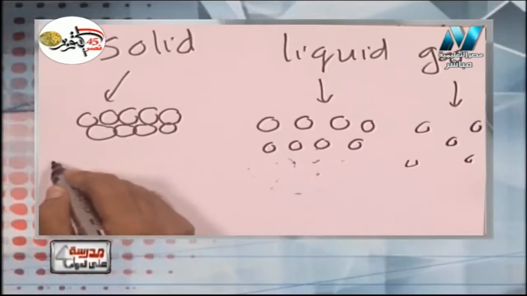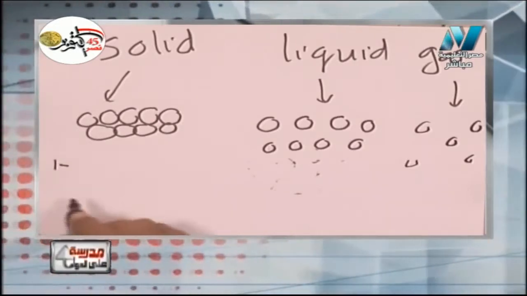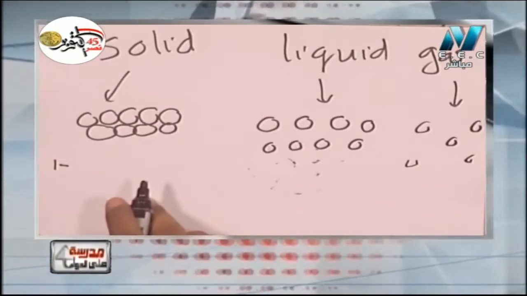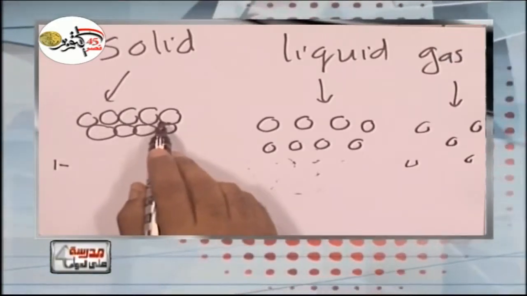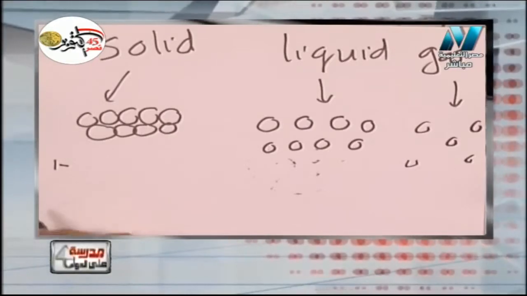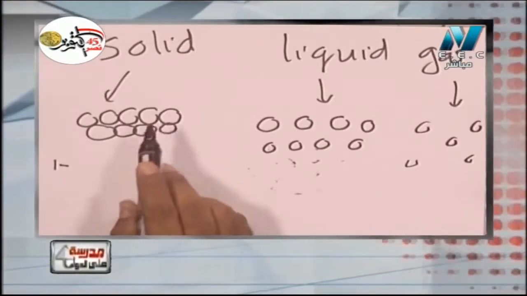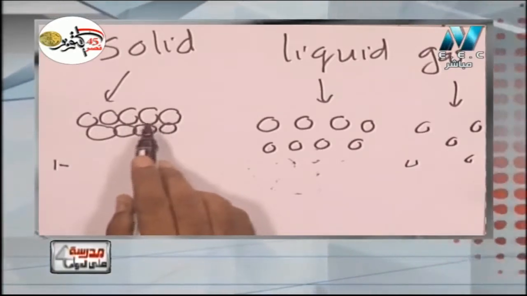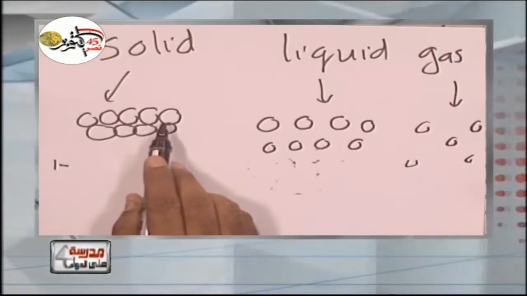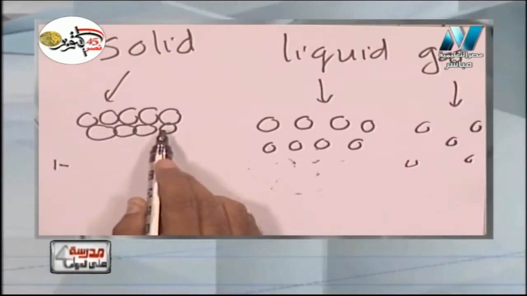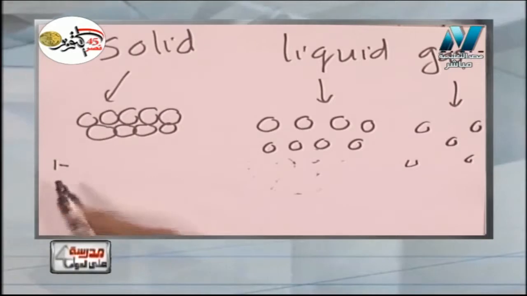But we talked about 3 properties of molecules. Number 1, the molecules of matter are in a state of continuous motion. But are the molecules of solid in a state of continuous motion or not? Yes, they move.